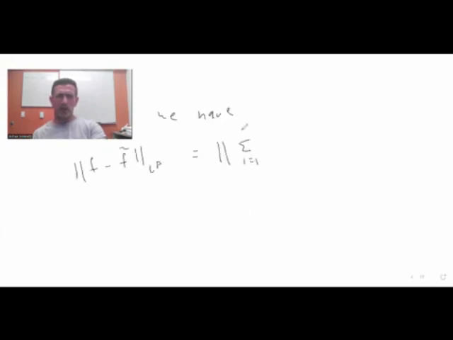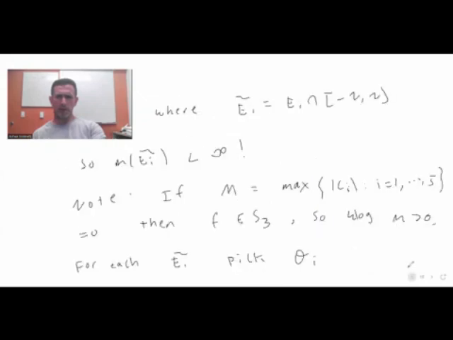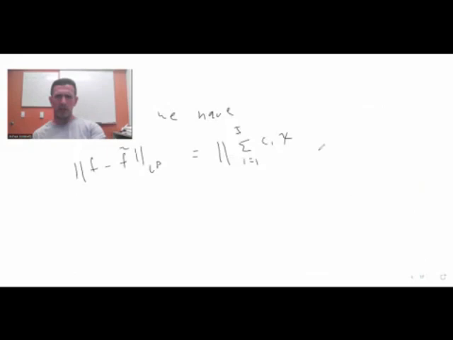It's the sum i equals 1 to J of c_i times the characteristic function of E_i tilde, minus the sum i equals 1 to J of c_i times the characteristic function of theta_i, in L^p. By the triangle inequality, this is less than or equal to the sum of the absolute values of c_i times the difference of these characteristic functions.